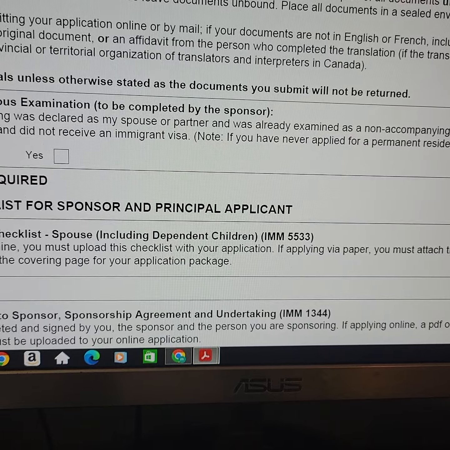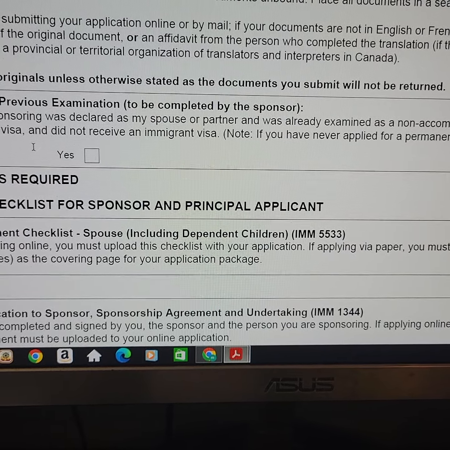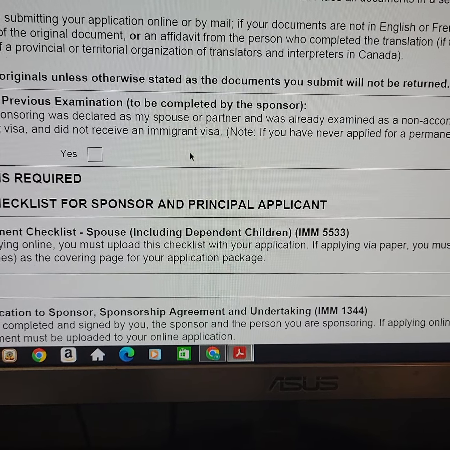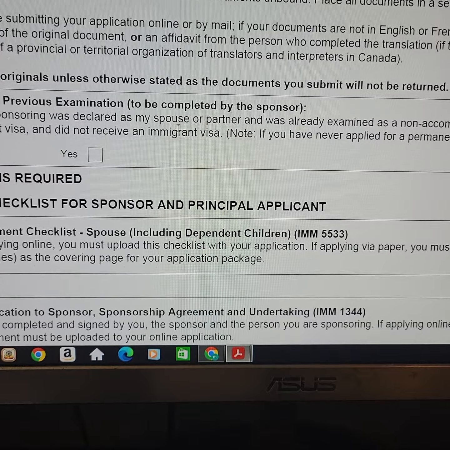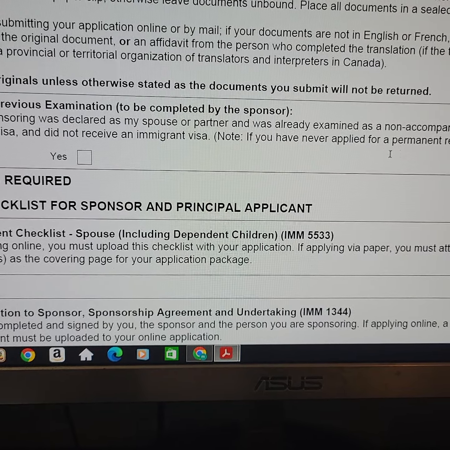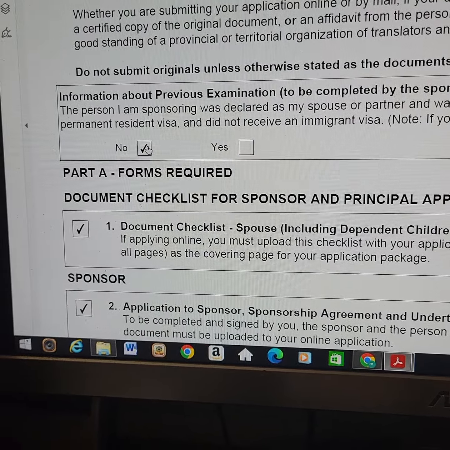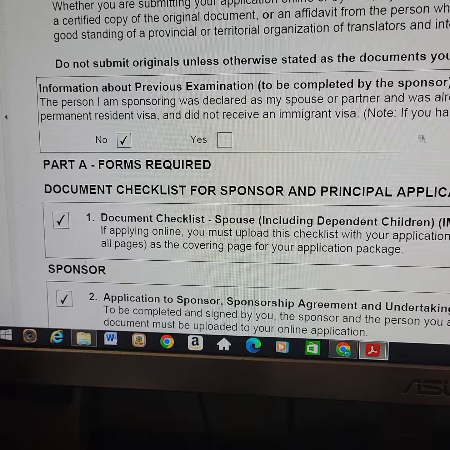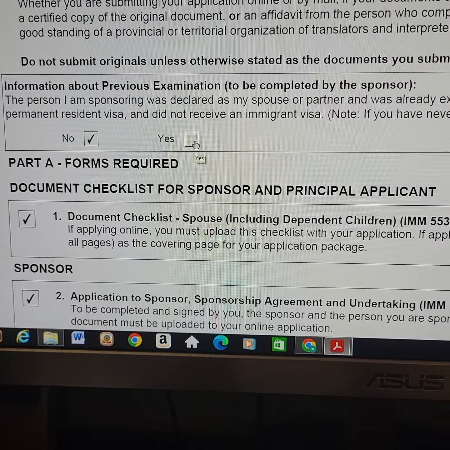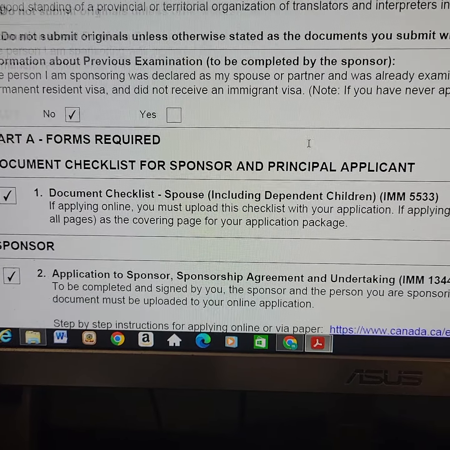This means that if you applied before just for them to come visit you, but they did not receive an immigrant visa, you have to, like I'm saying, make sure you know what you're reading. And then you have a note, if you have never applied for a permanent resident visa, answer no. So obviously I would answer no because I never applied for any visa. If you did, make sure you read the information of what to do about that.